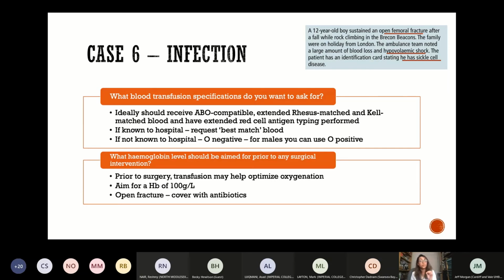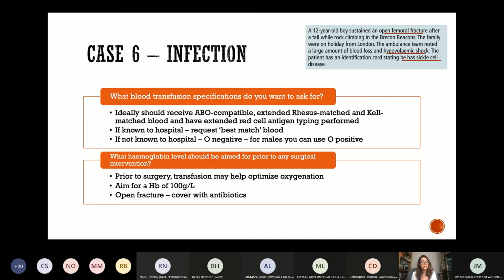But you can use O positive, as we've discussed, in males. So with this child, in addition to your standard trauma management, which is your C, A, B, C, D, E, you activate the major hemorrhage protocol in your hospital, and you take these blood specifications and considerations and try and prepare.